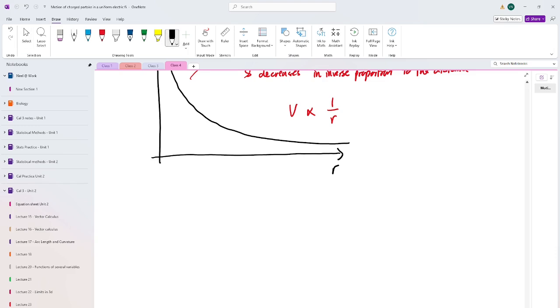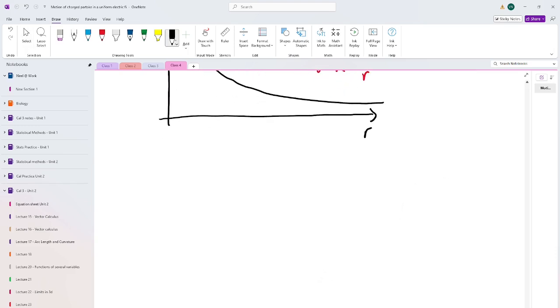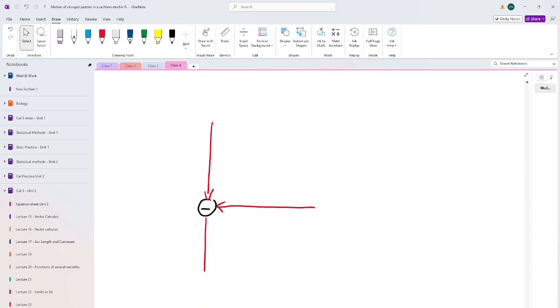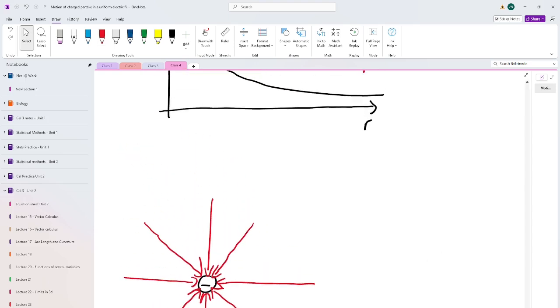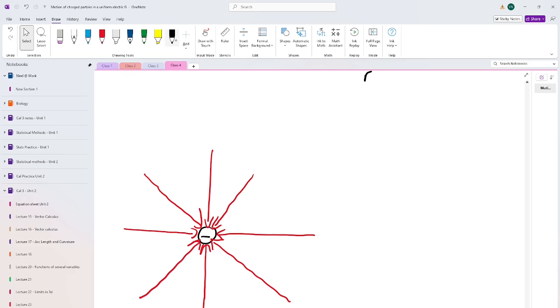So now if I have a negative point charge, let's say something like that, I could do the same thing. It would look like this. So we get pretty much the opposite rules of what I was explaining before.